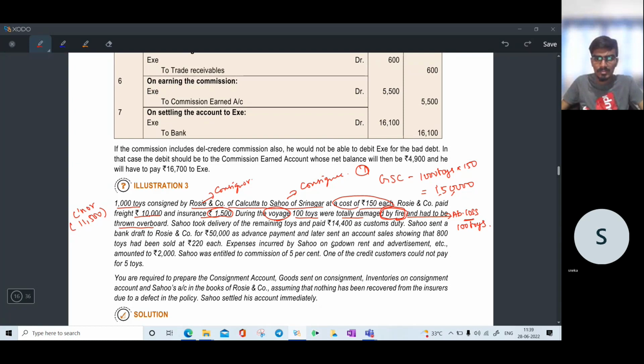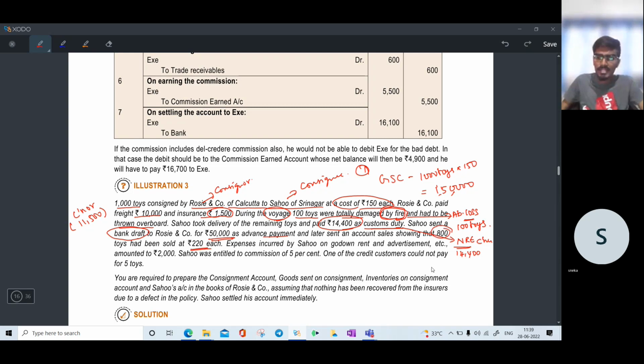Shabu took delivery of the remaining toys and paid 14,400 as customs duty. Is this a recurring or non-recurring expense? Non-recurring. Consignee's total is how much? 14,400. Then Shabu sent a bank draft to Rosie and Co. for 50,000 as advance payment and later sent an account sales showing that 800 toys had been sold at 220 each.